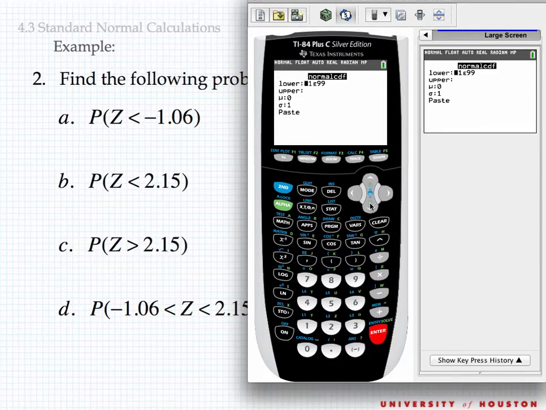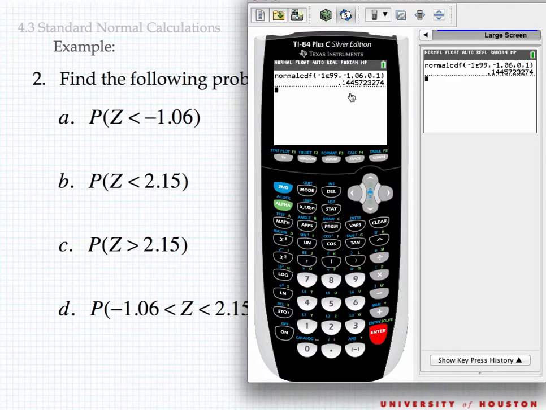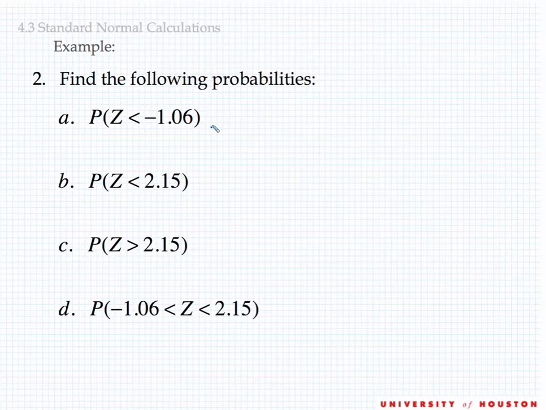Our lower limit is defaulted. Our upper limit is negative 1.06. Mean and standard deviation default are 0 and 1. When it's z, those are my mean and standard deviation, always. So my probability is 0.14457 or 0.1446.